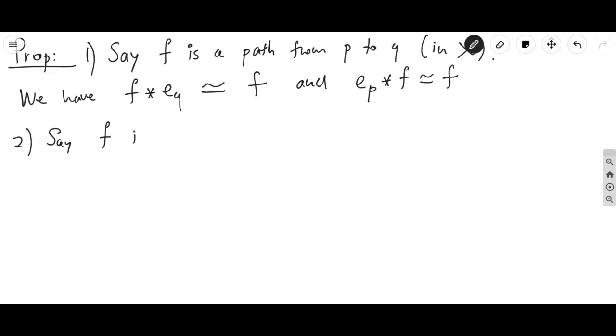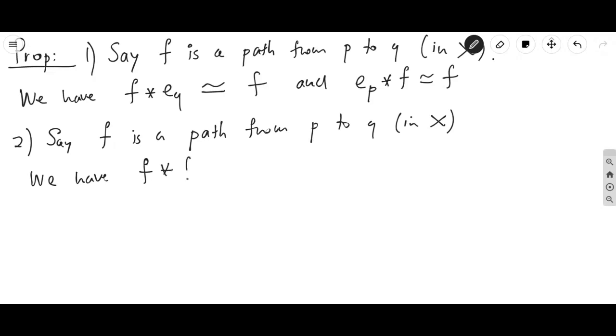Say F is a path from P to Q, again in X. If you do F juxtapose the reverse path, that would be homotopic to EP. And if you do F reverse juxtapose F, that would be homotopic with EP.